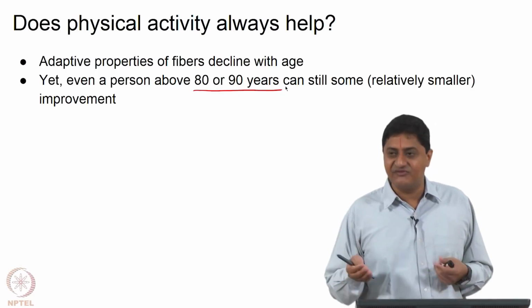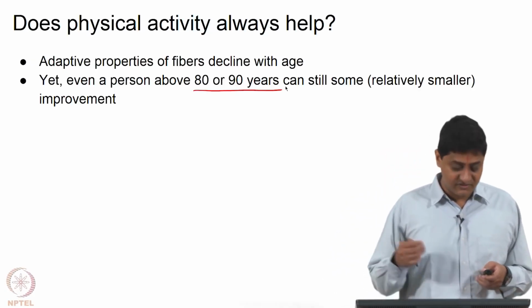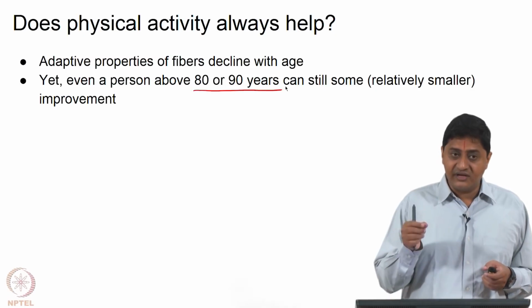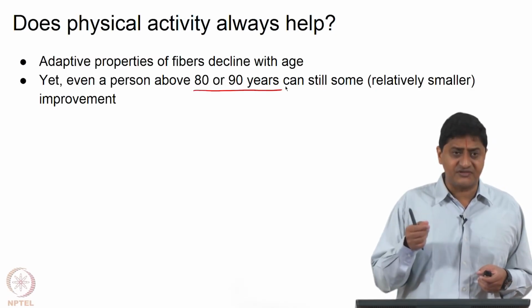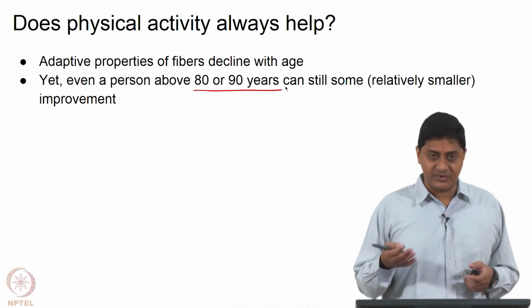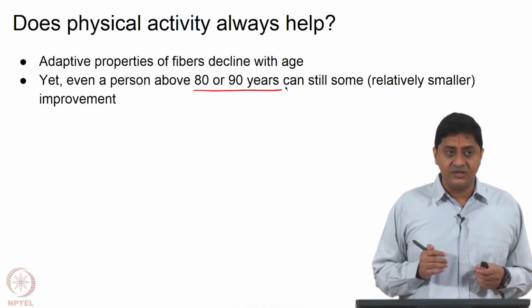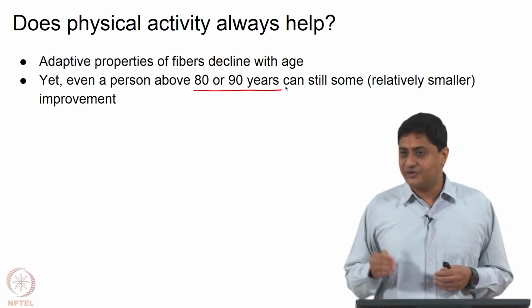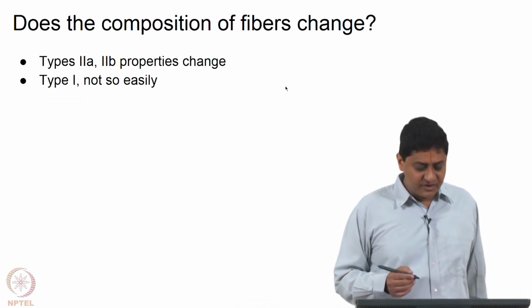You still get some benefit of exercise even after 80 years, even in cases of 90 years. Even at 90 years, muscle tissues and the fiber properties change, which is surprising. What would you expect at that age? So exercise is good, but it is less beneficial when you are older. Okay. And we said, does the composition of fibers change?